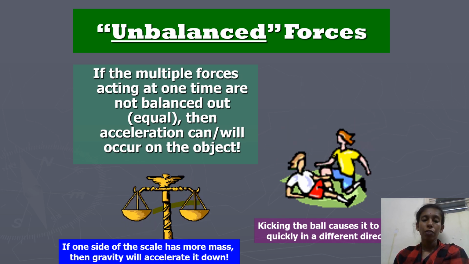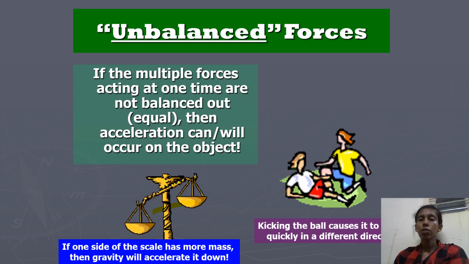If one side of the scale has more mass, then gravity will accelerate it down. At the same time, in this picture, kicking a ball causes it to move quickly in a different direction. This is called unbalanced forces.